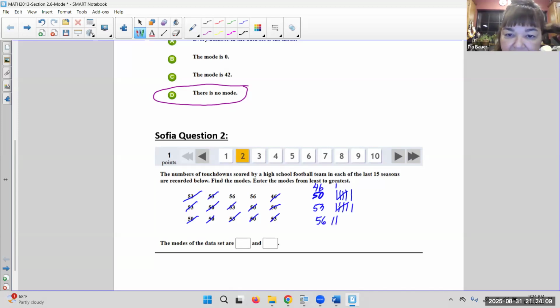They repeat 6 times. So then the modes are 50 if I go from the smallest one, and 56 if I go with the largest. When there are two modes, we say the data is bimodal, because it has two different values that repeat the same number of times. You have two modes, 50 and 56.